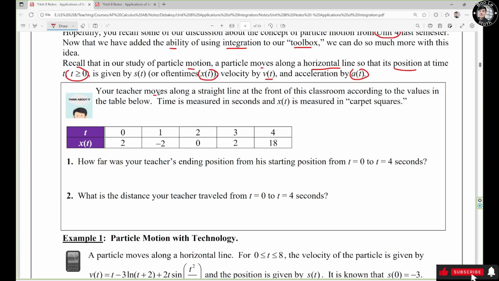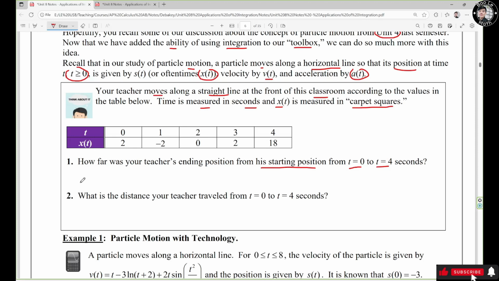Your teacher moves along a straight line at the front of the classroom according to the values in the table below. Time is measured in seconds and s of t is measured in square units. Question 1. How far was your teacher's ending position from his starting position from t equals 0 to t equals 4 seconds? You need to find the displacement between the ending position and starting position.